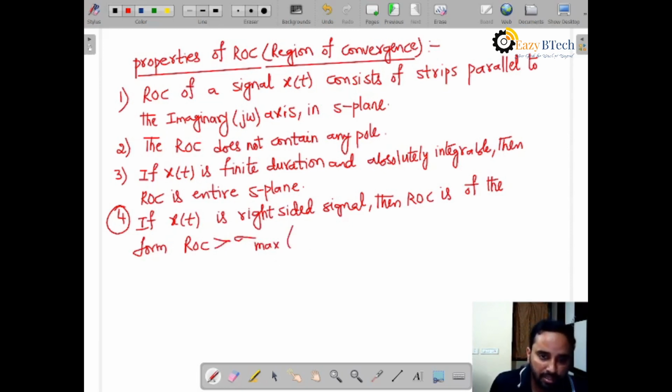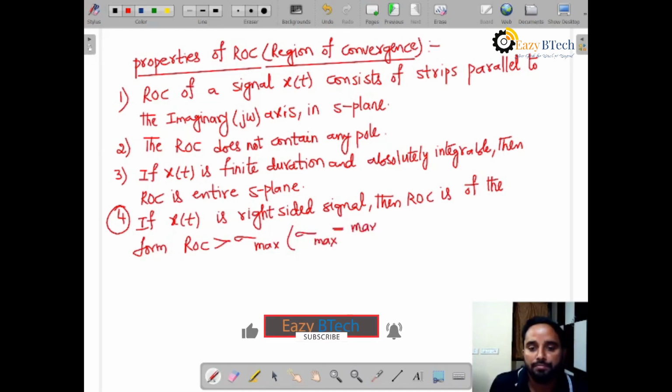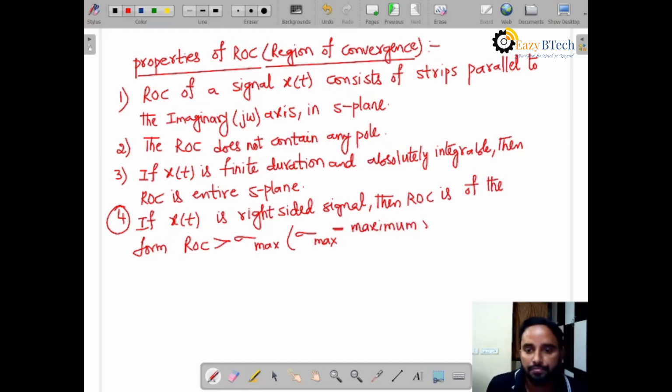What is sigma maximum here? Sigma maximum is the maximum real value of the pole or poles, that is, the maximum real part of any of the poles.